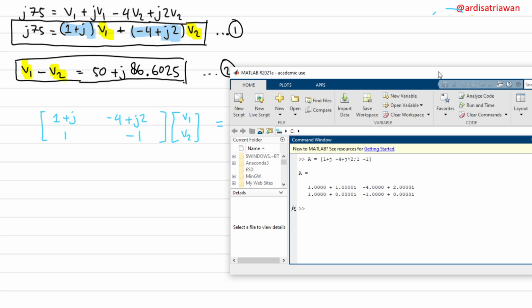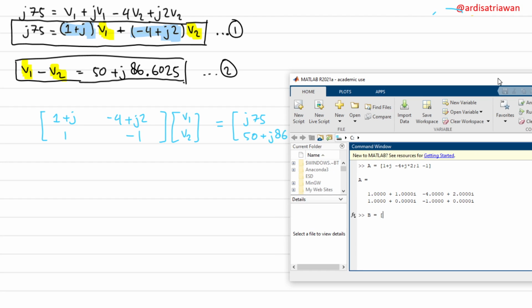And on the right hand side I will have the matrix B, which is j multiplied by 75, and the second row will be 50 plus j multiplied by 86.6025.